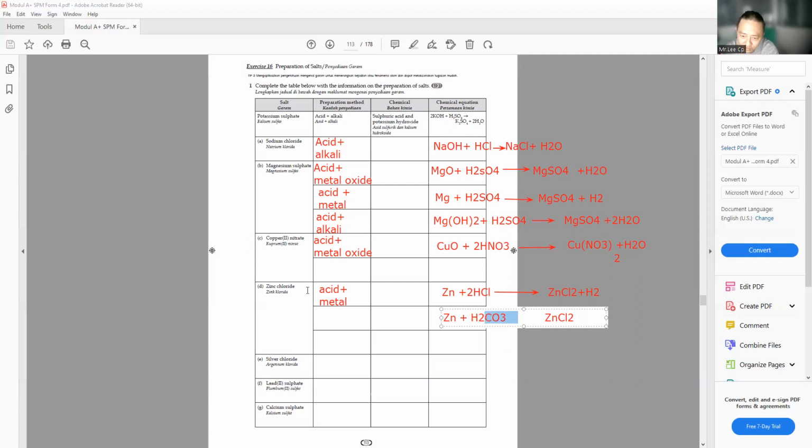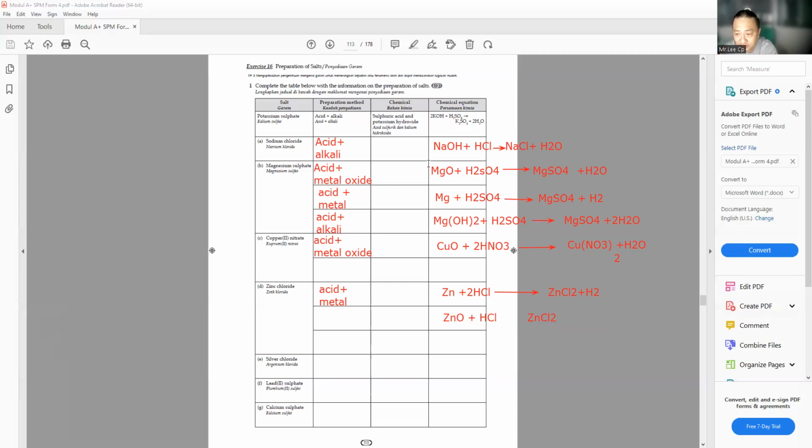No, there is still chloride. Cannot. Zinc chloride. So this is HCl. That is zinc carbonate. No, I want to use carbonate, it can't be used. Cannot. ZnO. If you can have ZnO.